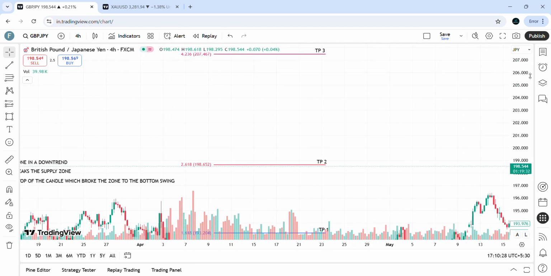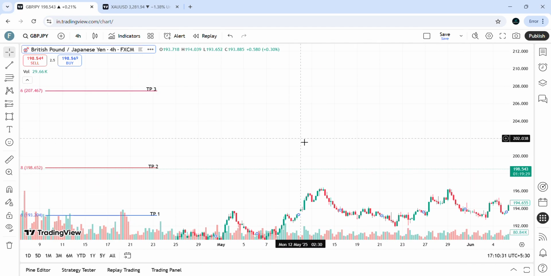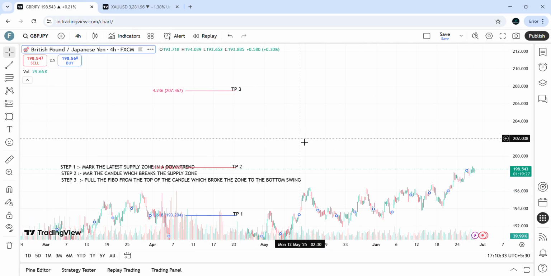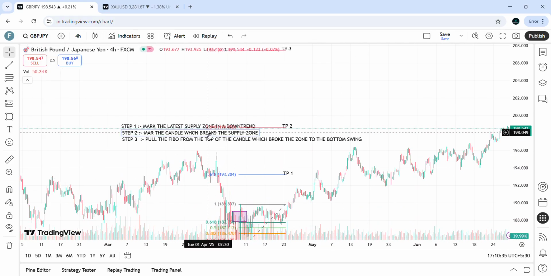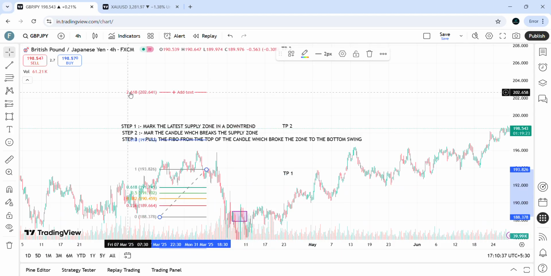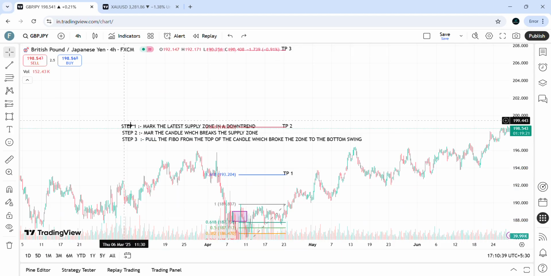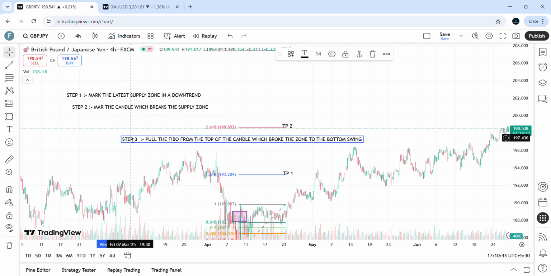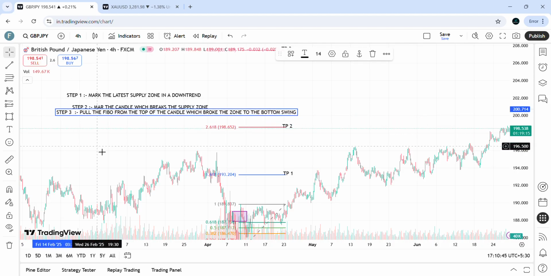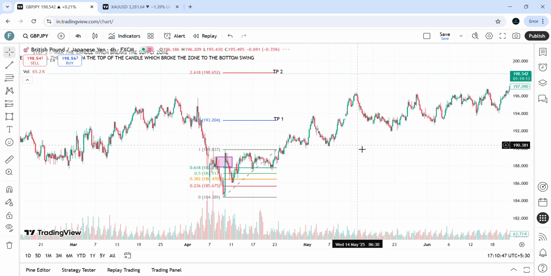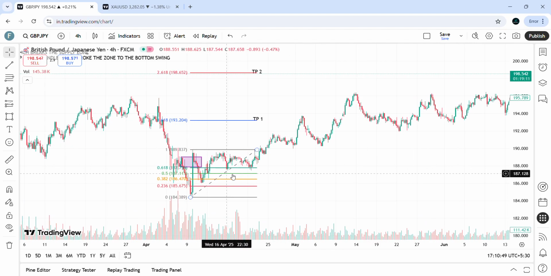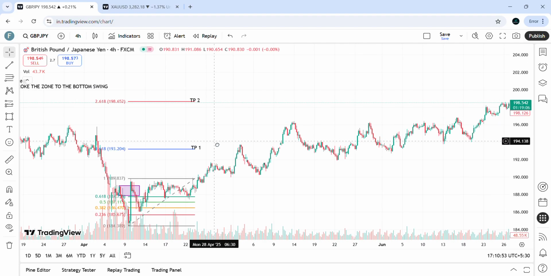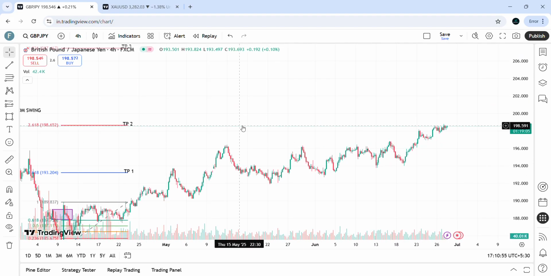And I think you can see how perfectly it aligns with the zones. If you would have gotten your entry right over here, this is your first TP and this is your second TP.